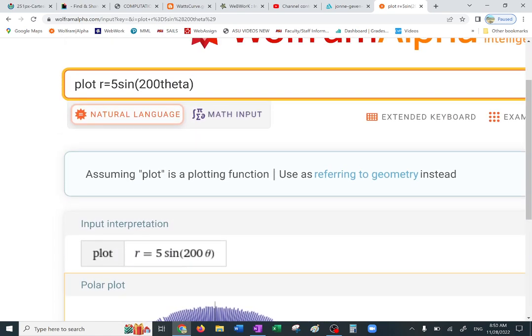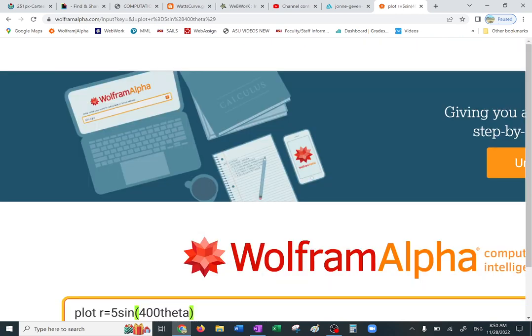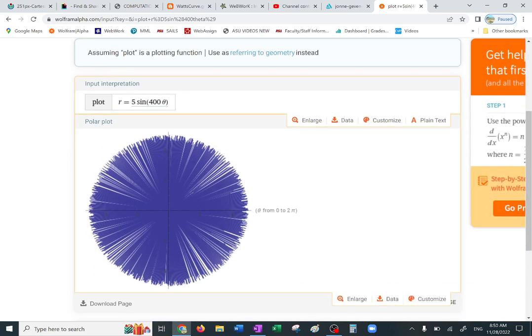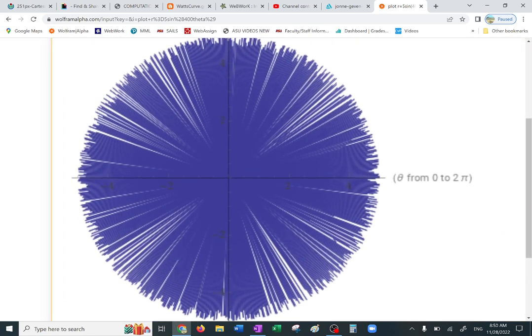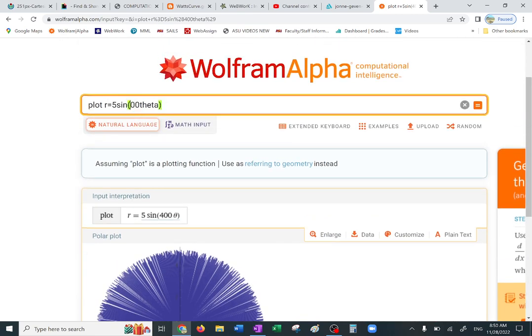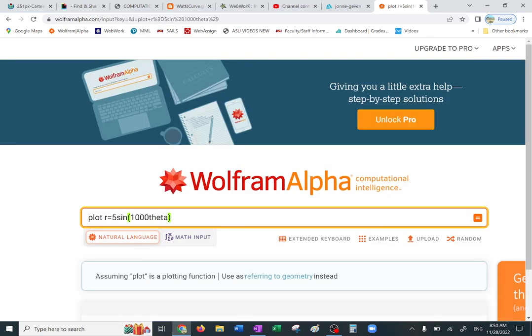Computers do not handle lots of operations, so our job is to know that and fix it, or at least point it out. 400 gives you 800 leaves, so it's getting worse. And the more I put, the worse it gets. Let's do 1,000. 1,000 should give you 2,000 leaves.